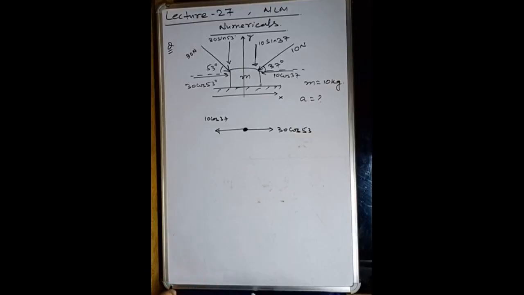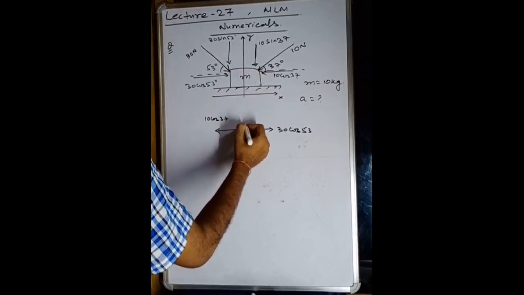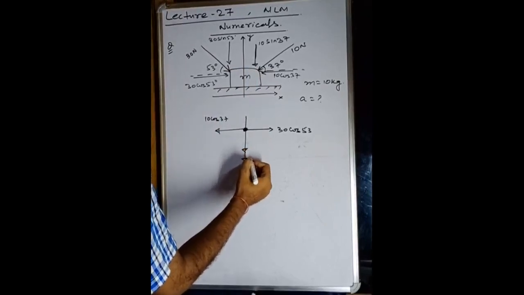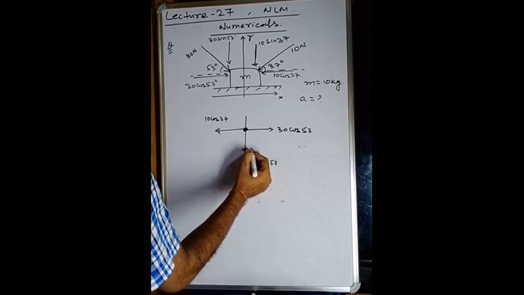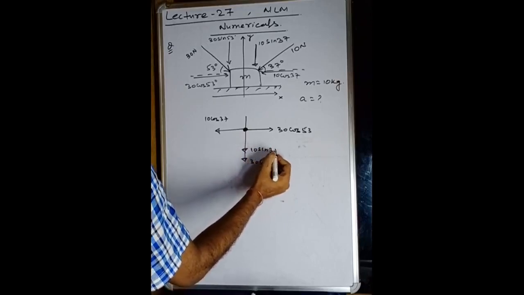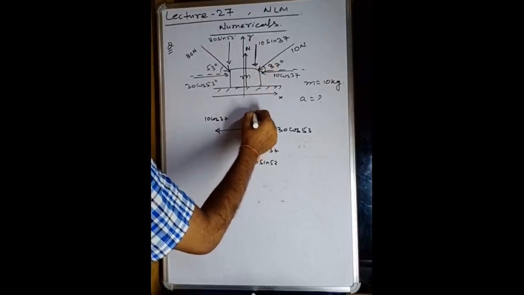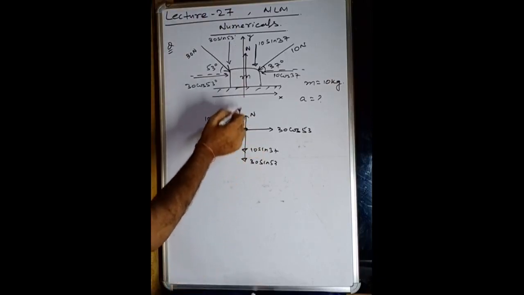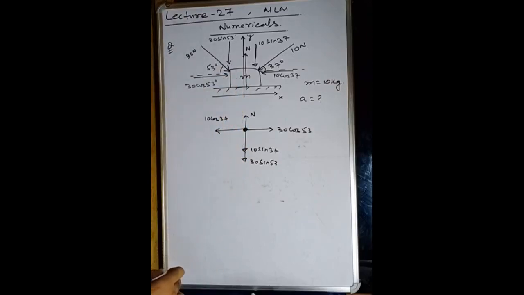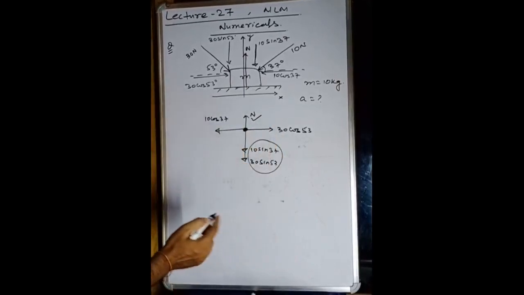Now the two forces in the downward direction are 30 sine 53 and 10 sine 37, and another force is the normal reaction by the ground, in the upward direction. So this is all about the forces. This is the free body diagram. Now we know that along this axis the body will not move. It is not breaking the floor on which it is kept. So this normal will be balanced by these two forces.